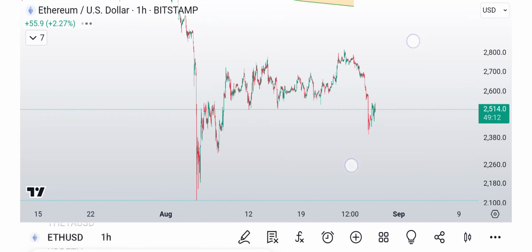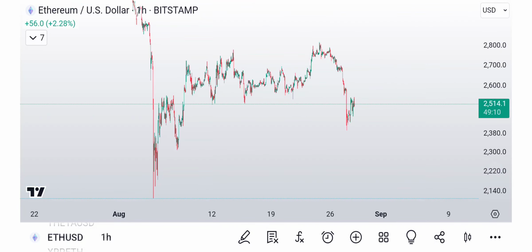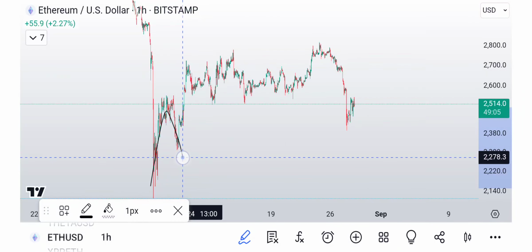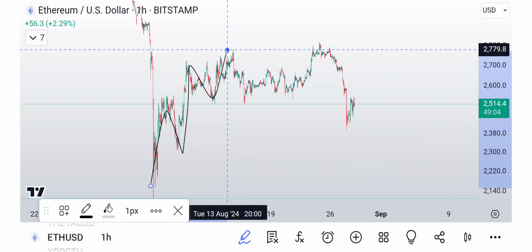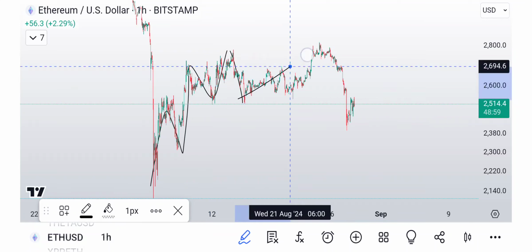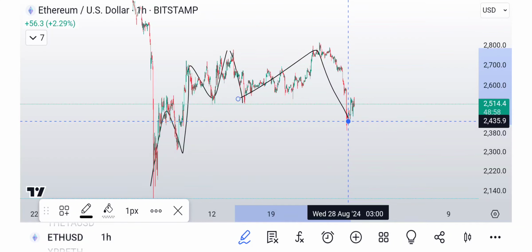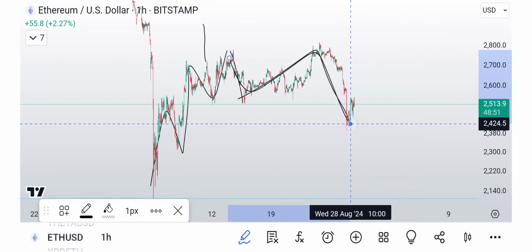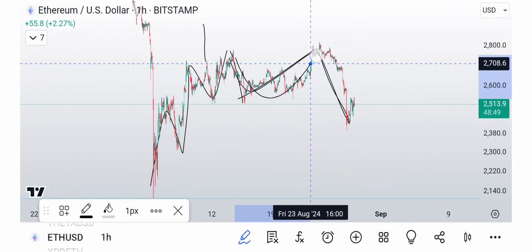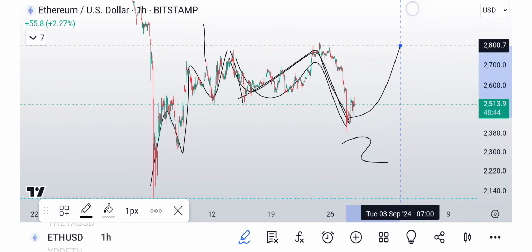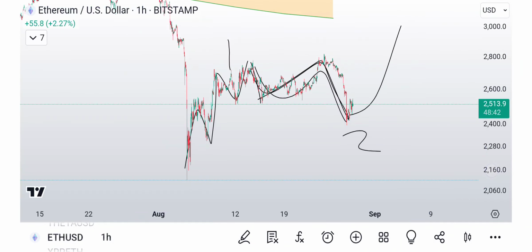Another way we can look at it is kind of like a bigger flat. So we have 1, 2, 3, 4, 5. There's our diagonal. And then we have an A, B, C for an expanded flat. So we have wave 1, and then we have this 2-wave pullback, this expanded flat here. So that's actually very bullish, which would mean a big move to the upside.